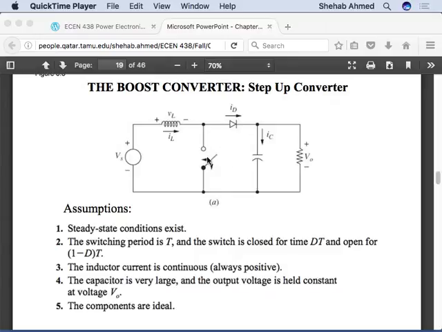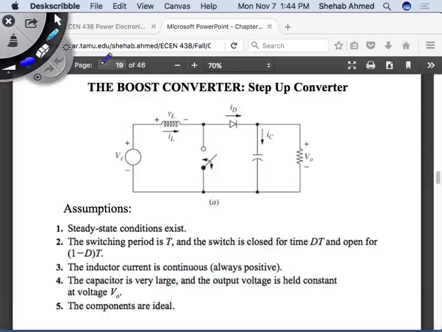So if this switch is open, then this diode is closed. What is the voltage across your device? It's V out. This is short, this is open.